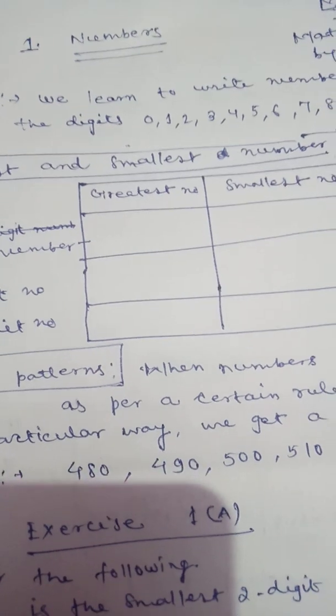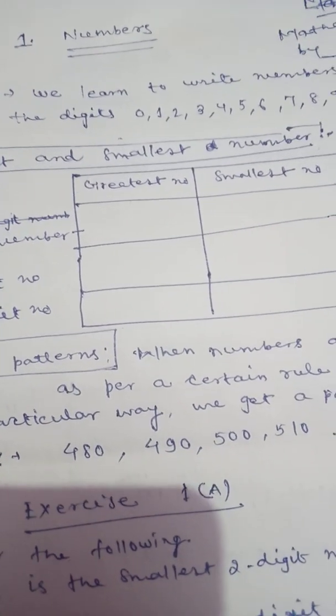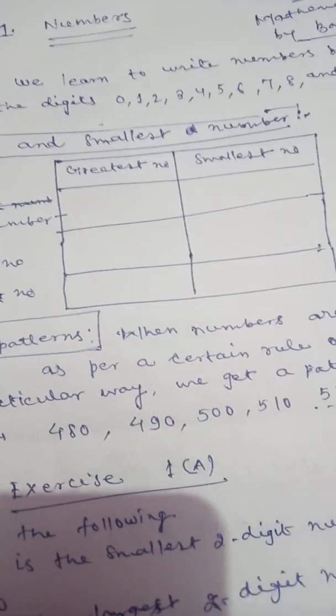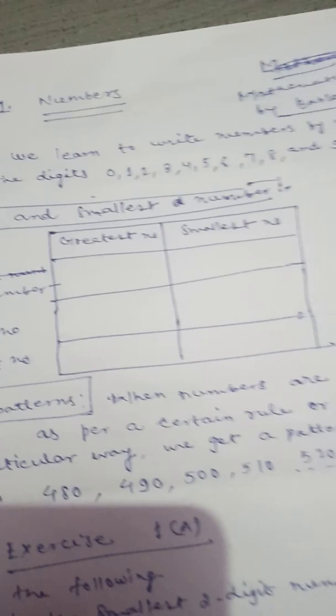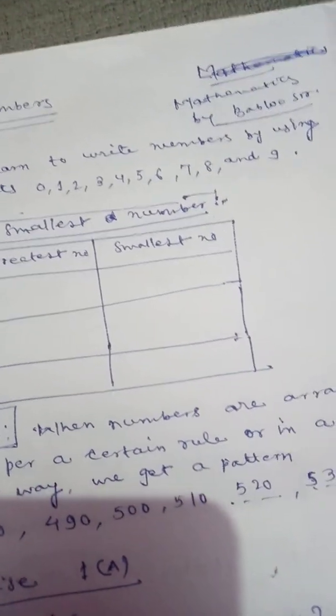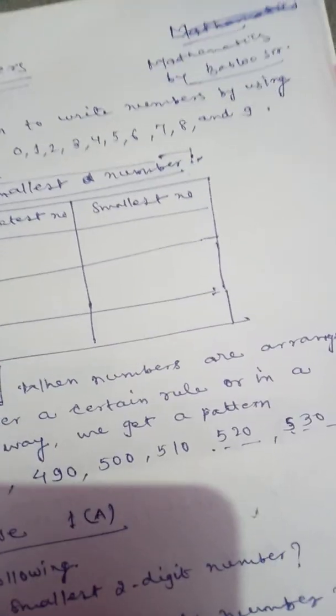In the previous classes we have already learned to write numbers by using the digits 0, 1, 2, 3, 4, 5, 6, 7, 8, 9.